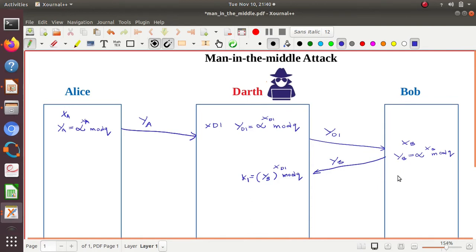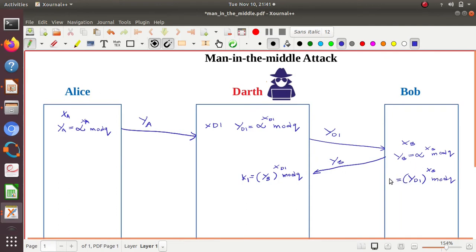Then Bob will also create a shared key, that is YD1 to the power XB mod Q, with the received public key, and Bob assumes that it is coming from Alice.